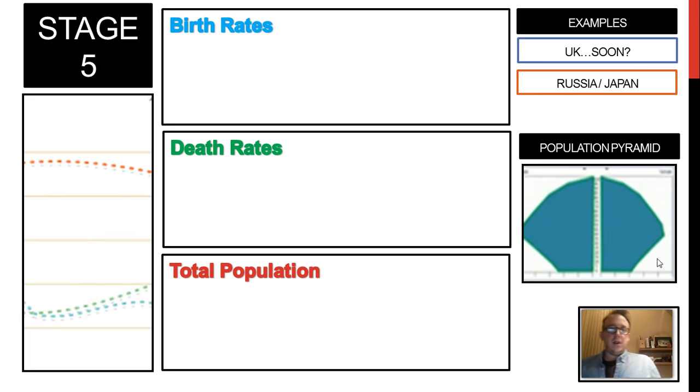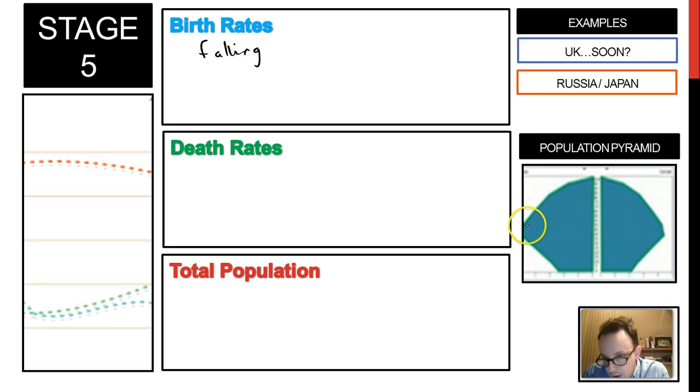In stage 5, this is where it becomes a little bit different. So this is where we're thinking about the change, if you see what I mean, and the actual going into decline. Now, birth rates, okay, are falling, and the reason birth rates are falling again here is because it's to do with the age of the population. Let's take a look at this population pyramid.